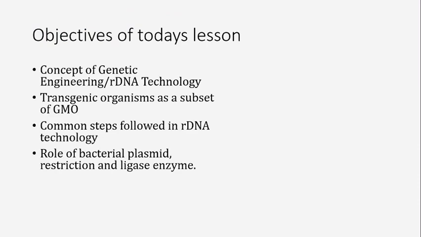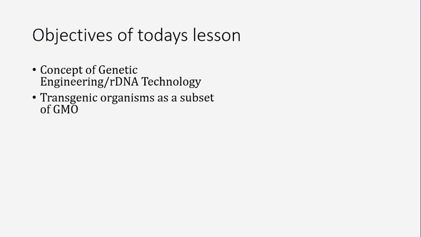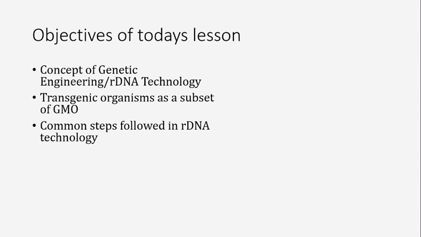So today we have learned what genetic engineering or recombinant DNA technology is, and we have also learned what GMO and transgenic mean, and that there is a sharp difference between them. And what are the common steps followed in recombinant DNA technology? For example, how to make recombinant DNA insulin.